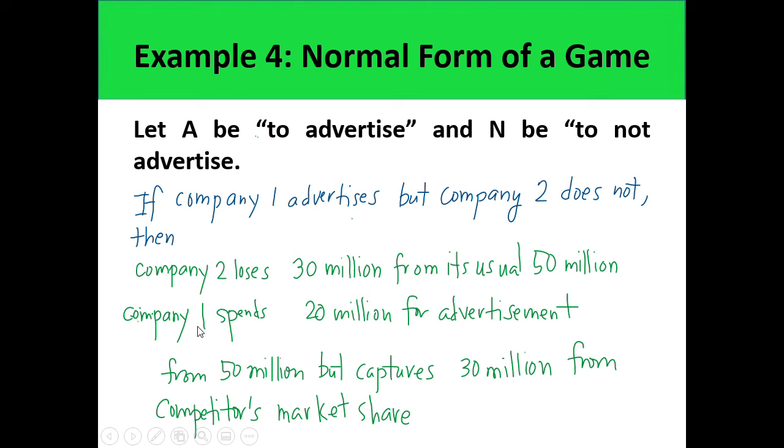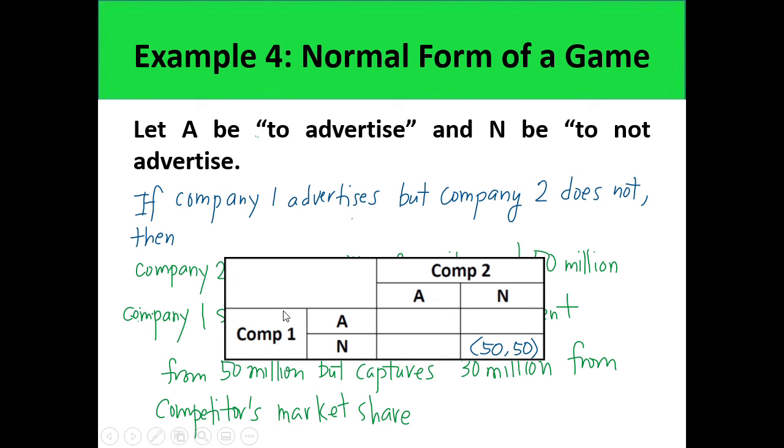On the other hand, company 1 will spend 20 million but will capture 30 million from the competitor's share. So company 1 will get 50 million minus 20 million plus 30 million, and that's a total of 60 million. So if company 1 advertises and company 2 does not, this cell will be 60-20.